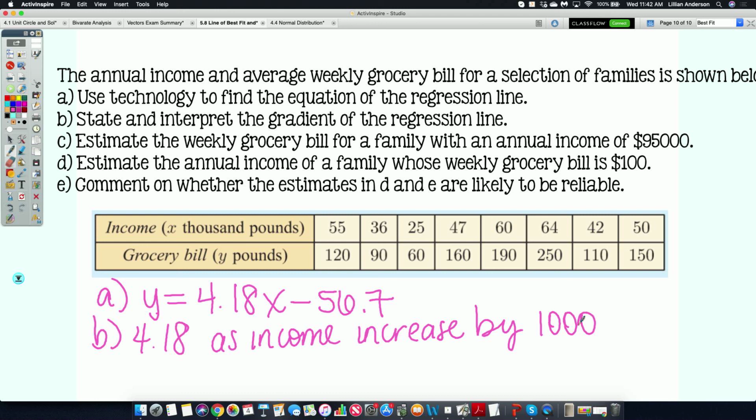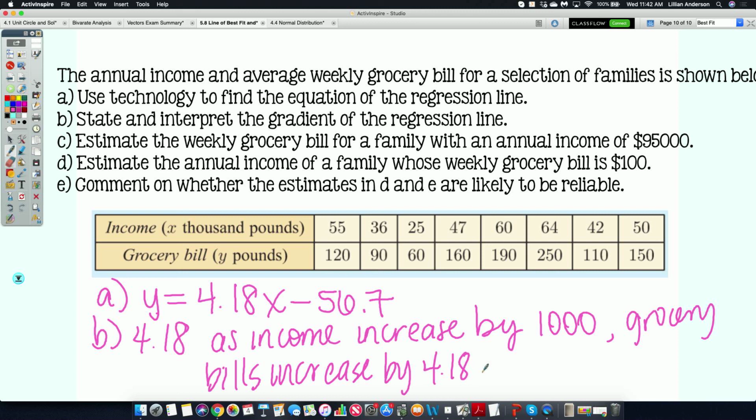Remember, rise over run is slope. Okay? So as income increases by 1,000, grocery bills increase by 4.18 pounds. Okay?